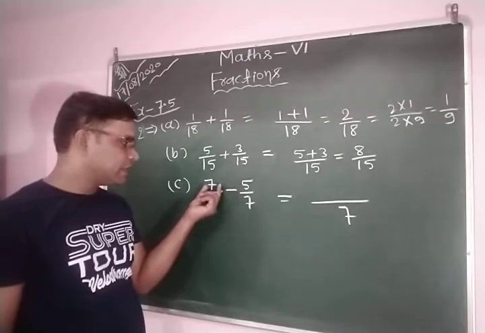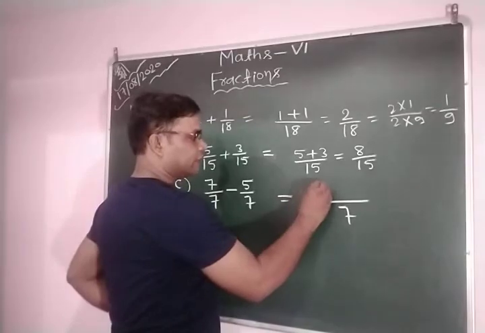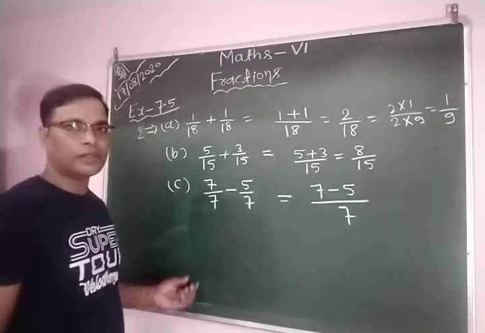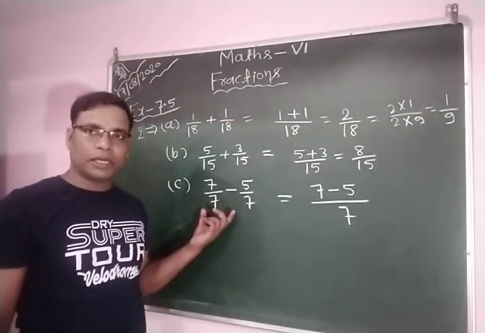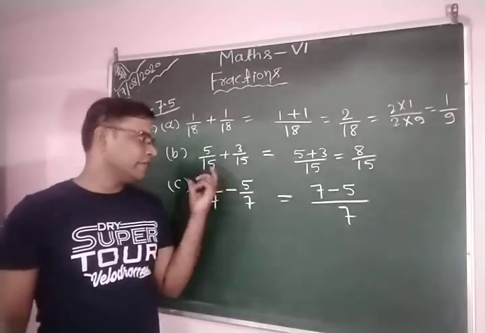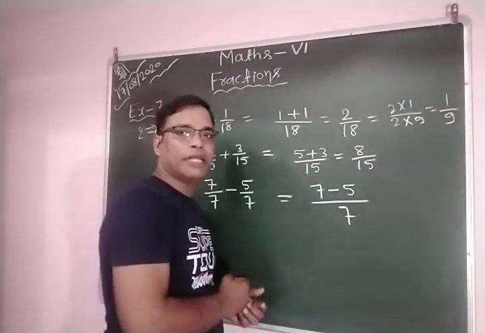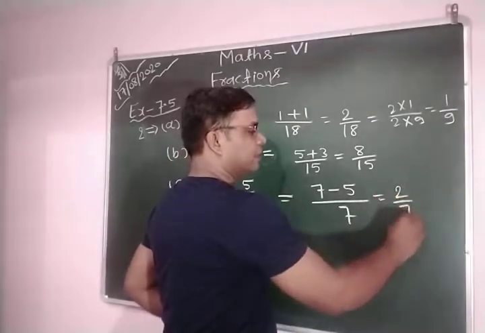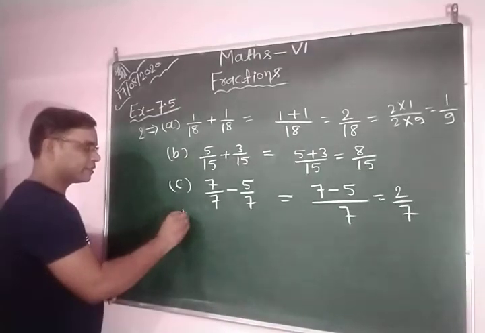It means that we subtract 5 from 7, so we write 7 minus 5. If the denominators of both fractions are the same, then we write like this: 7 minus 5. So 7 minus 5 is equal to 2 by 7.